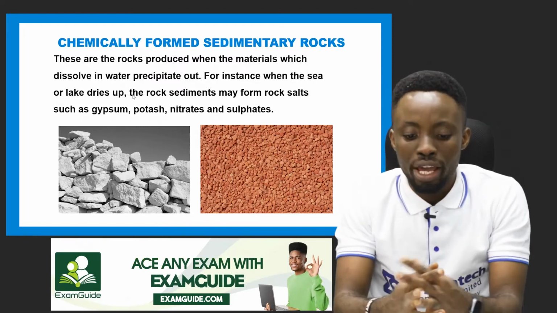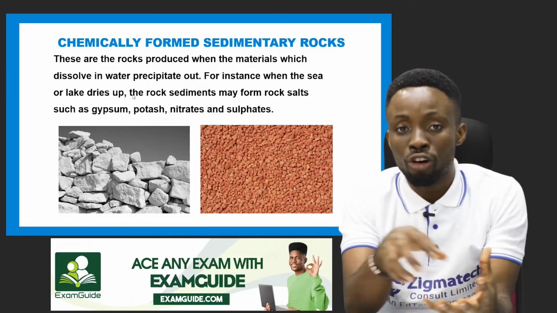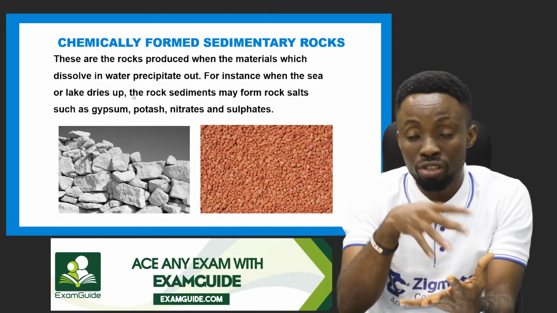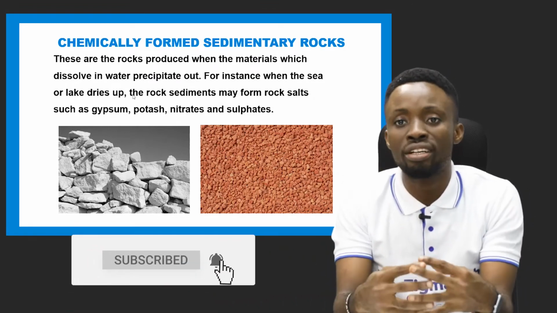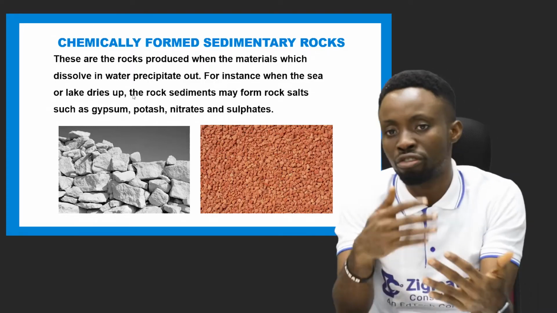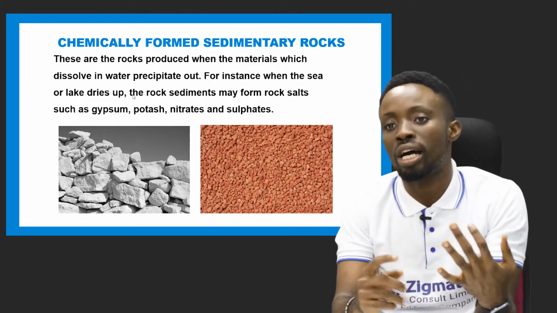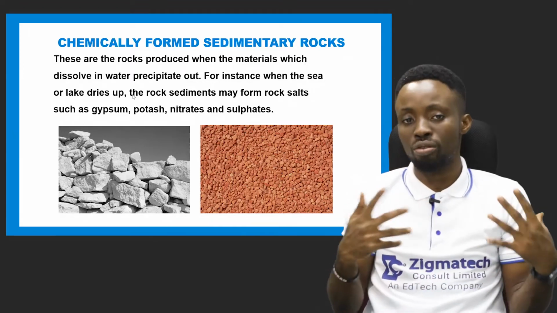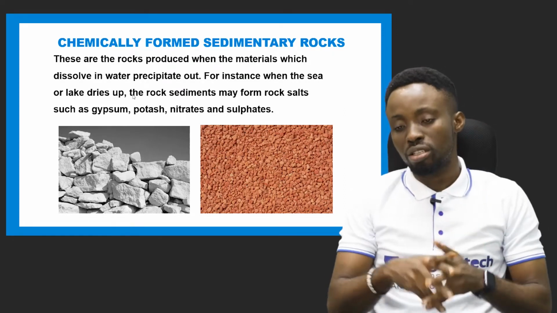So when this chemical reaction is involved in the sedimentary rock formation process, such a type of rock is seen as a chemically formed sedimentary rock. So examples of chemically formed sedimentary rocks include gypsum, nitrates, potash, and sulfates. Those types of sedimentary rocks are called chemically formed sedimentary rock.